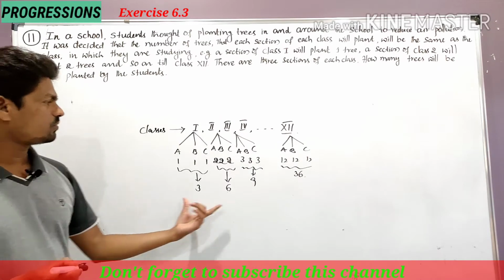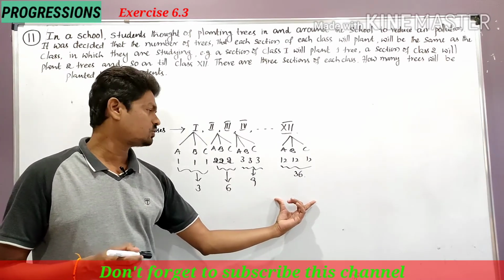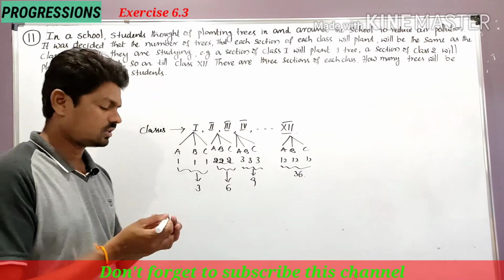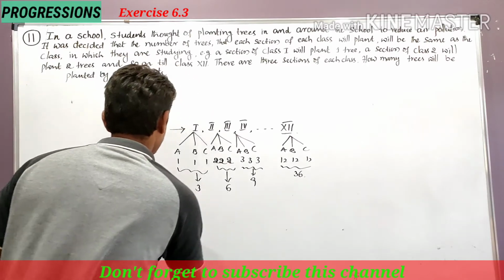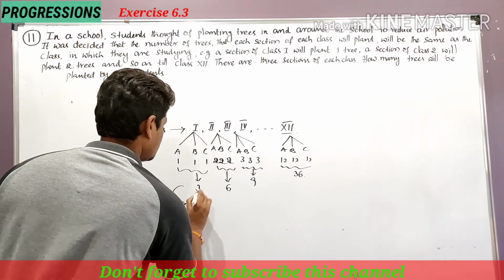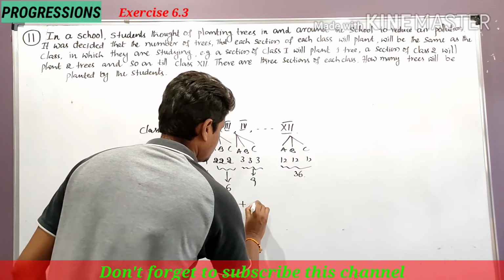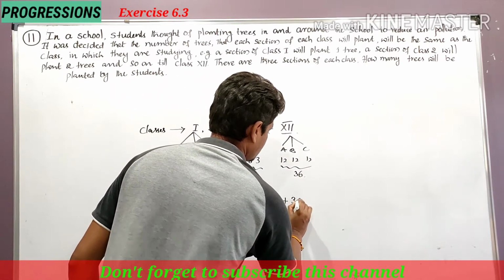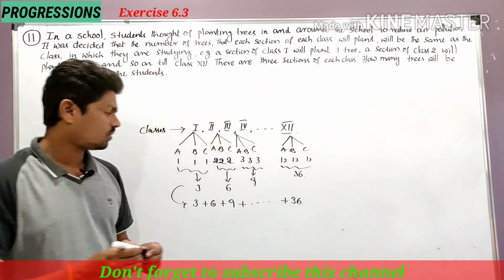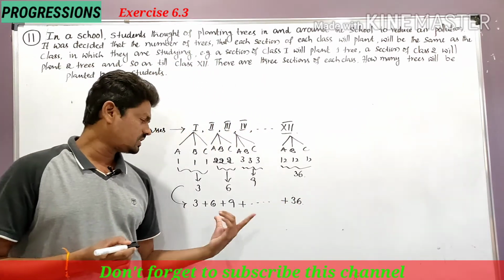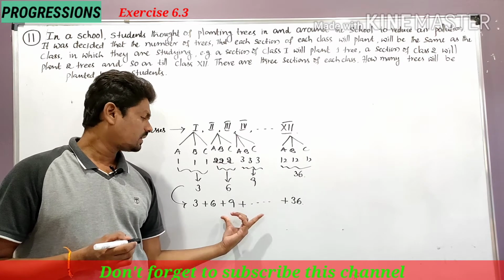Now we have to find the total number of trees planted by the students. So we have to find the sum of all these, that is 3 plus 6 plus 9 plus and so on up to 36. It is nothing but the sum of these terms.